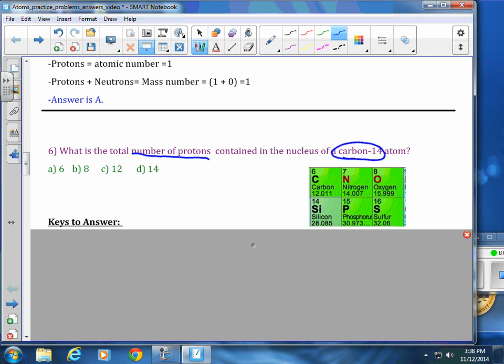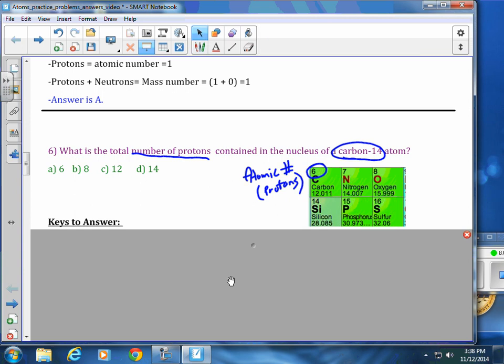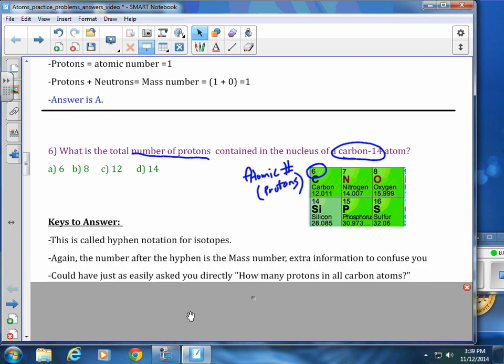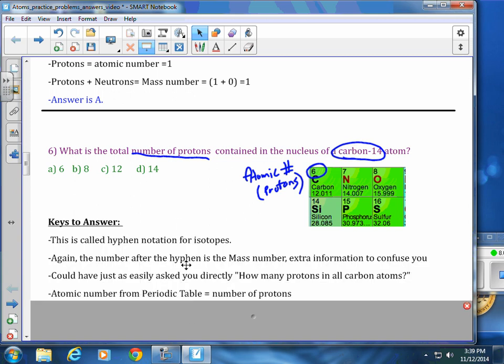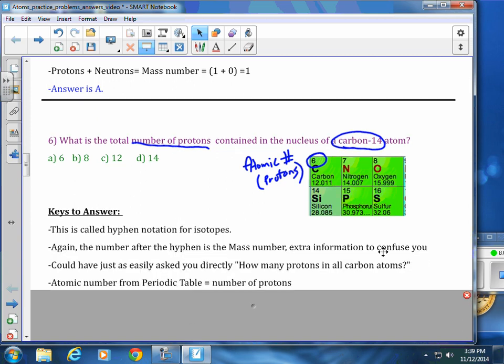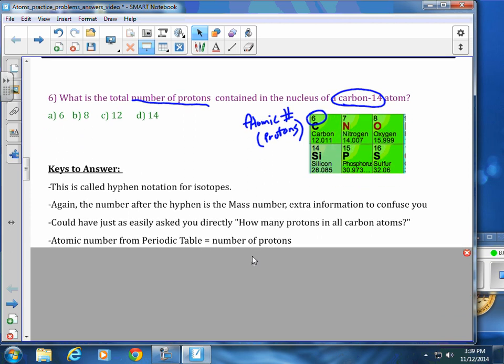Again, all I do is I go to my periodic table, I look up the atomic number, which stands for the number of protons in my carbon, and that's going to be 6 based on this periodic table that I stole from the internet. Okay, so moving on, this is again the hyphen notation. Again, this is the mass number, not the atomic number, in the hyphen notation. So the correct answer is 6 based off the periodic table.